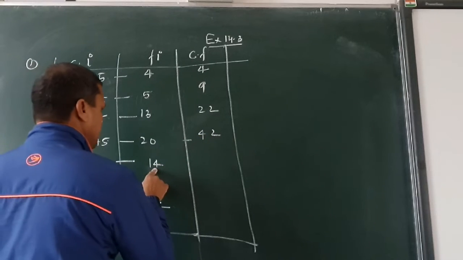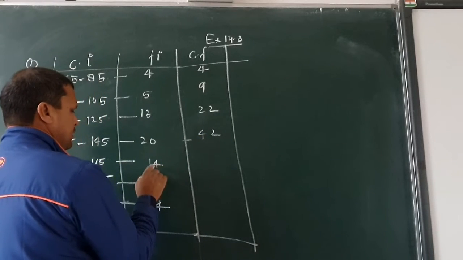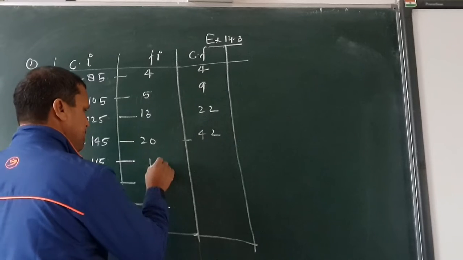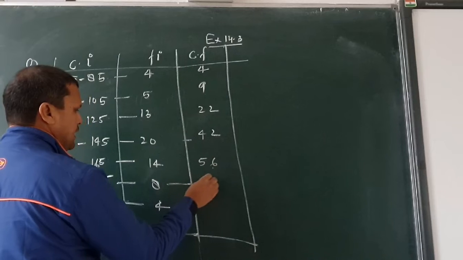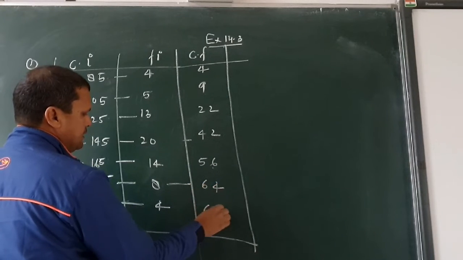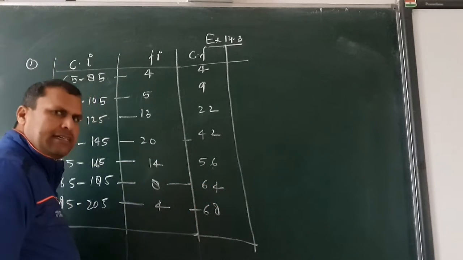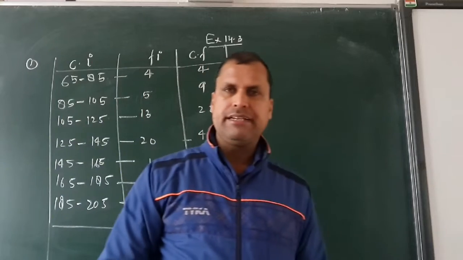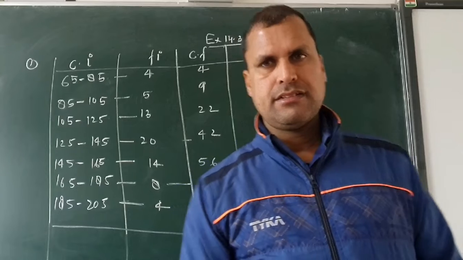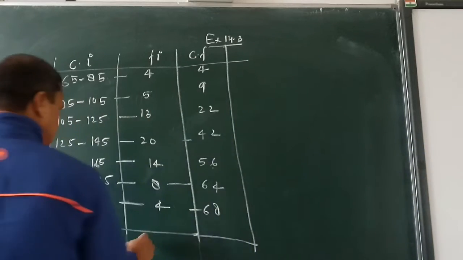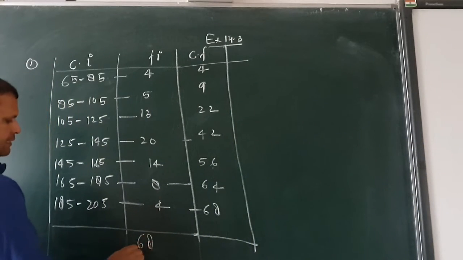Add 14, it is 56, add 8, it is 64, and add 4, this is the 68. Dear student, in the question it is already given that there are 68 consumers. So the sum of that is 68.